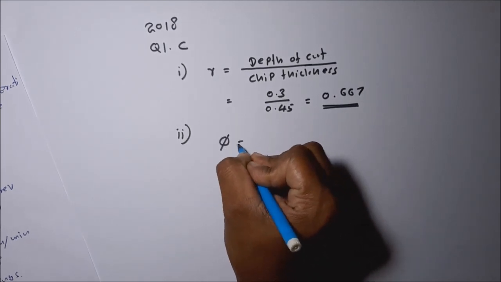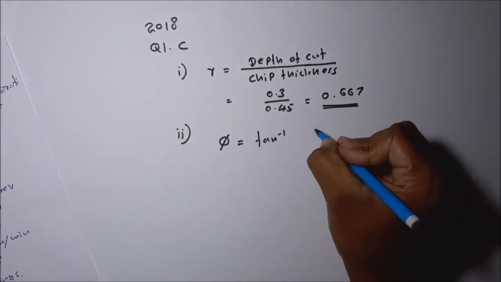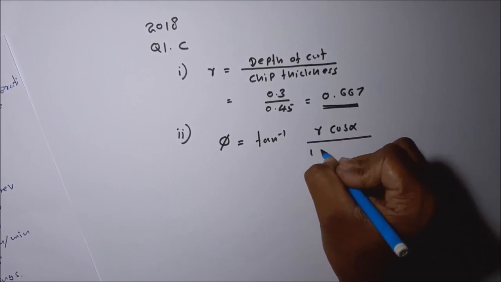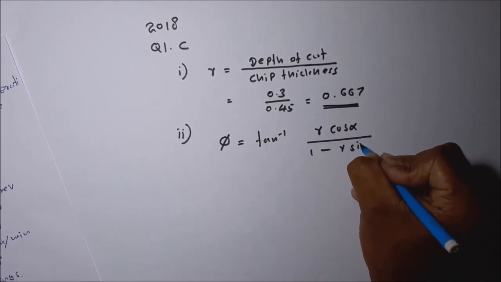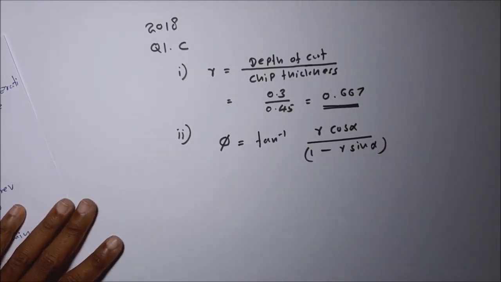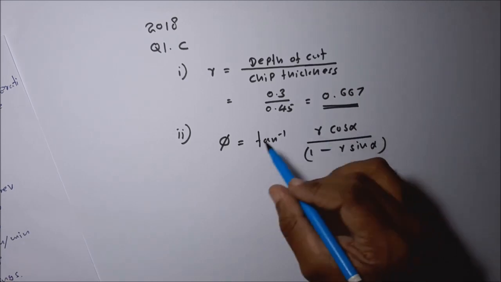Shear angle phi is equal to tan inverse of R cos alpha divided by 1 minus R sin alpha. We derived this equation in the last class, so I think you are familiar with this expression. R means the chip thickness ratio, alpha means the rake angle.